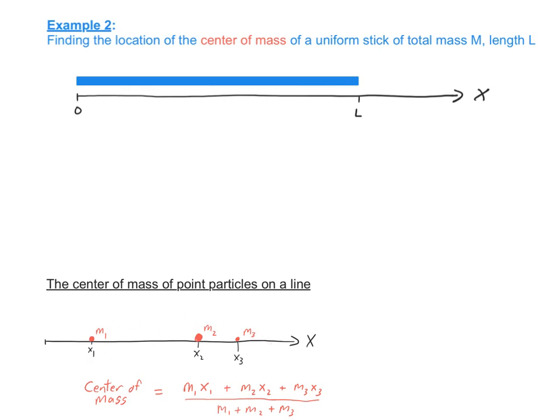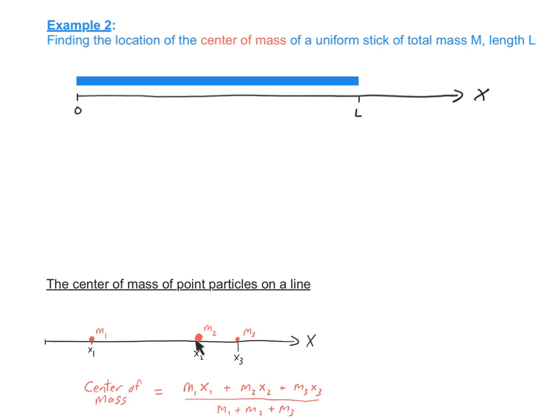Here's what you do. You take the first mass and you multiply it by its horizontal position, x1. Then you add to it the second mass times its horizontal position, plus the third mass times its horizontal position, and then you divide the whole thing by the total mass, m1 plus m2 plus m3.